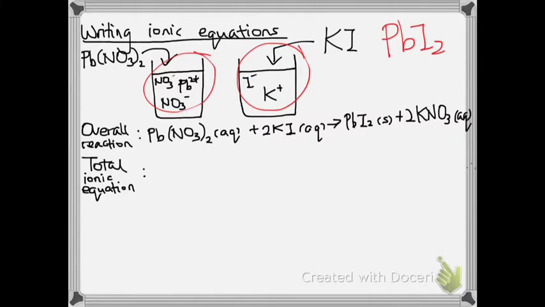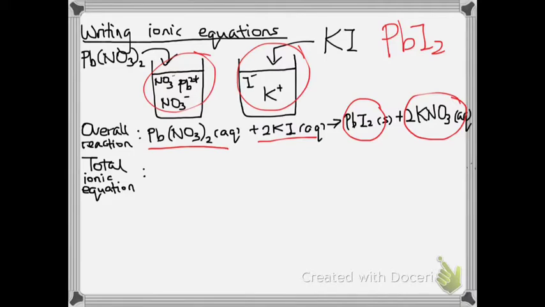That's what we see here in this overall reaction. We're mixing lead 2 nitrate with potassium iodide to give you the precipitate lead 2 iodide and potassium nitrate solution.